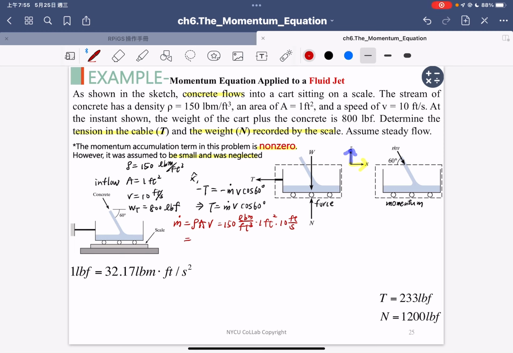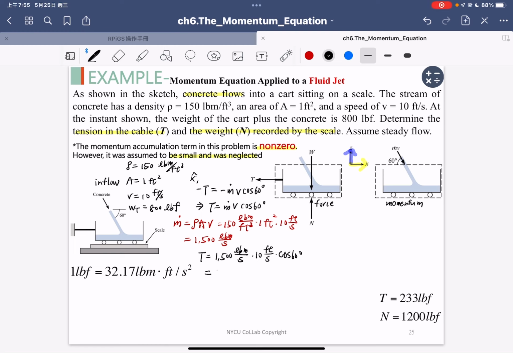So you can see that it equals 1500 pound mass per second. So T equals 1500 pound mass per second, times the velocity of 10 feet per second, times cosine 60 degrees.